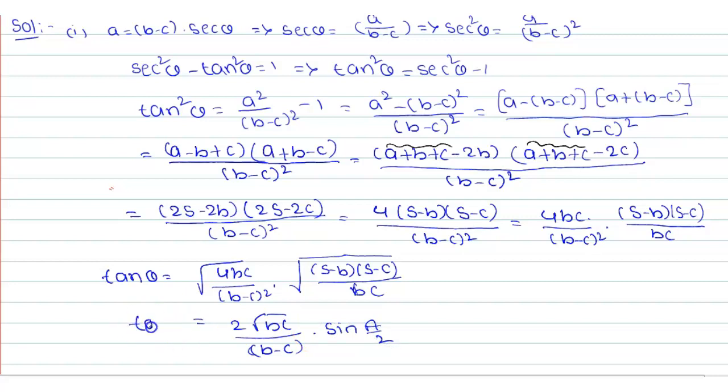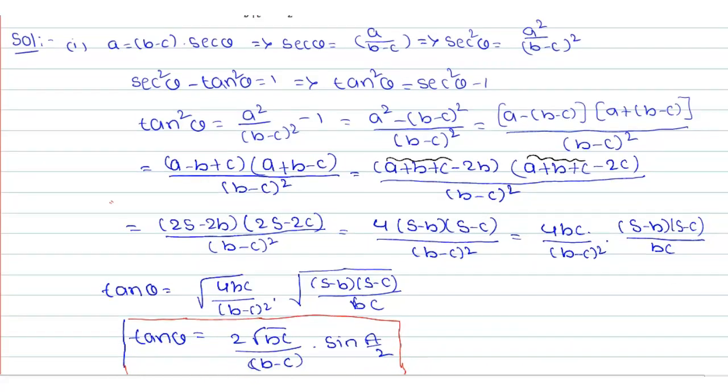So in the question he is asking to prove tan theta is equal to 2 root bc by b minus c into sine A by 2. This only he is asking to show in the question.